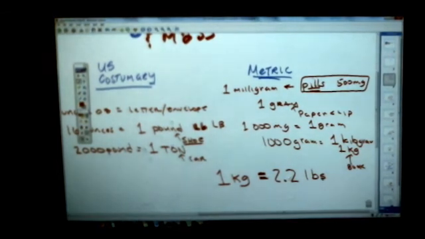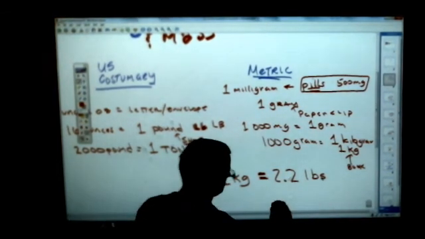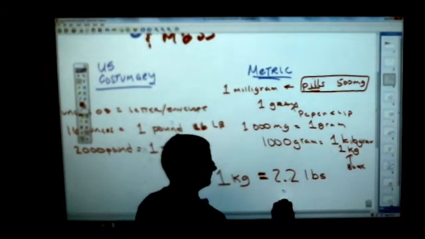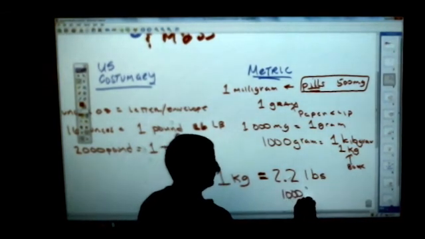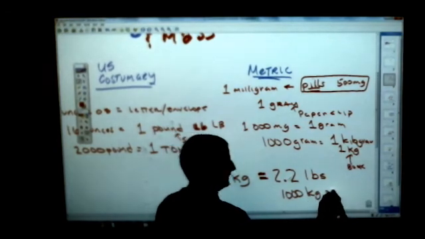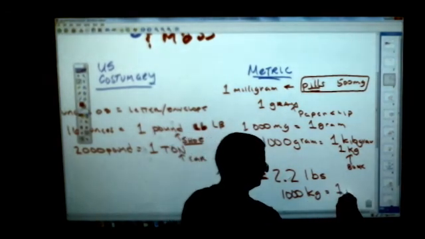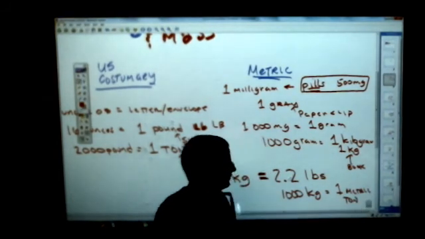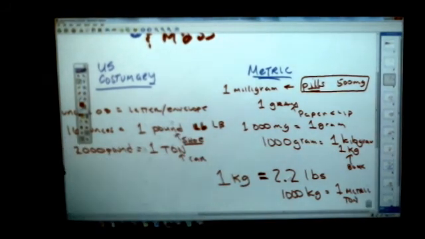And then there's a metric ton. If you put 1,000 kilograms together, it gets a little confusing because this is a metric ton, and that gets confused with the regular ton.